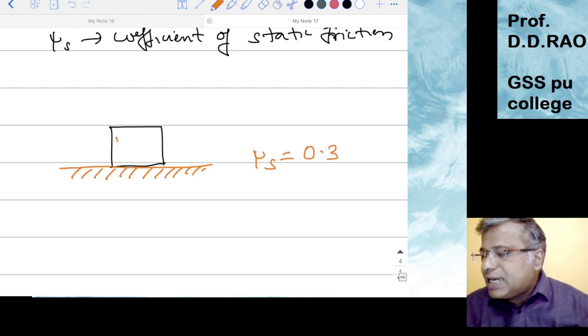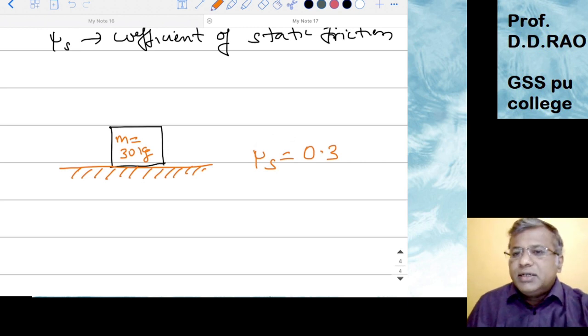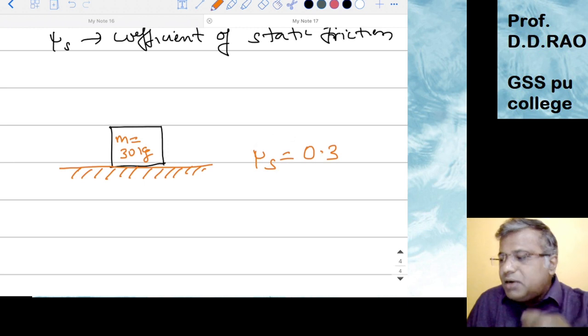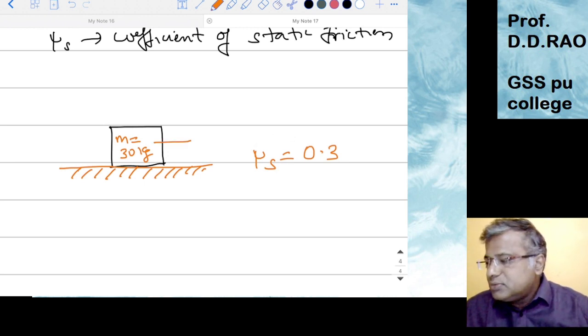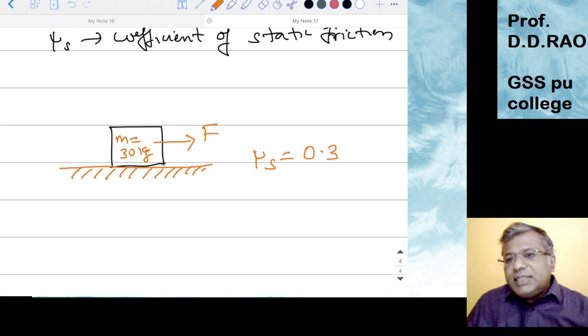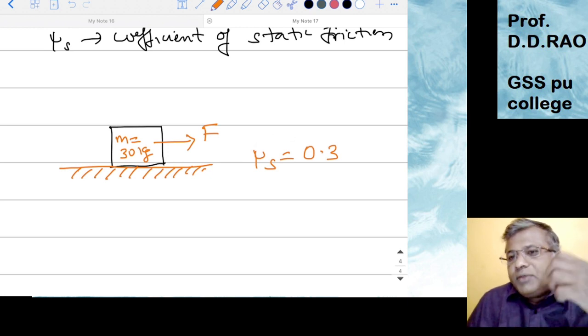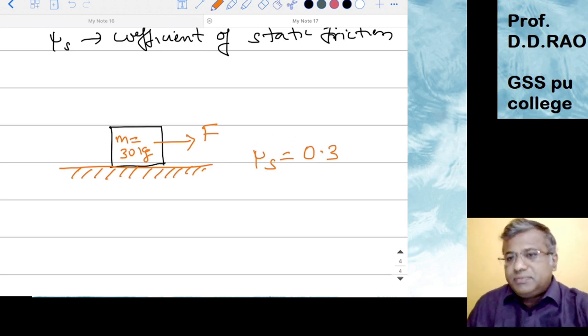Let us say the object has a mass of 30 kg. My question to you is, can we calculate how much minimum force I have to apply on this object so that the object moves? You will see that if I apply any small value, the object is not going to move, because your force should be equal to or more than the frictional force, right?